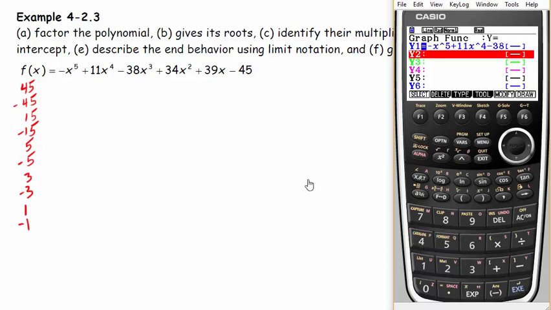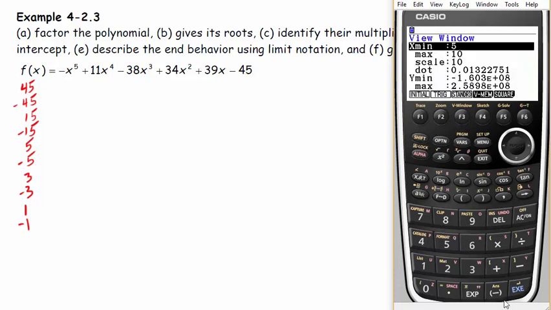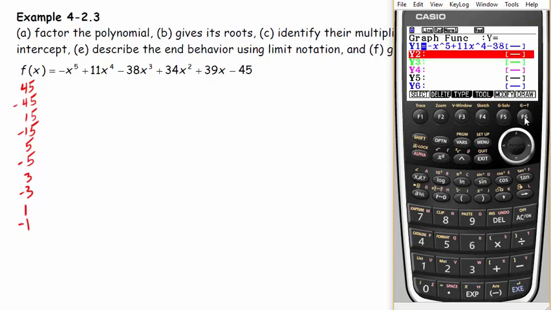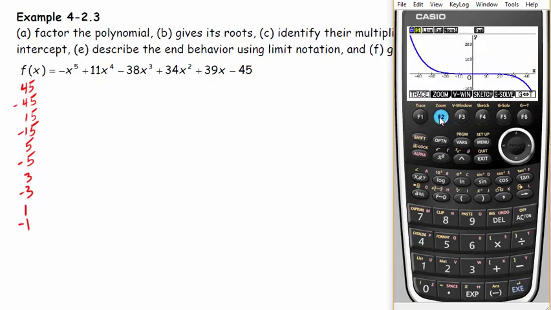So once we get that entered in there, we need to now pick a window. So my smallest potential root is -45, my largest is 45. So I might start with a viewing window from -46 to 46 and do a zoom auto.